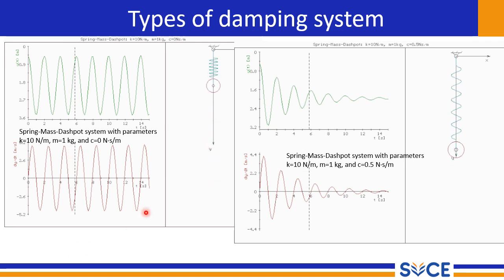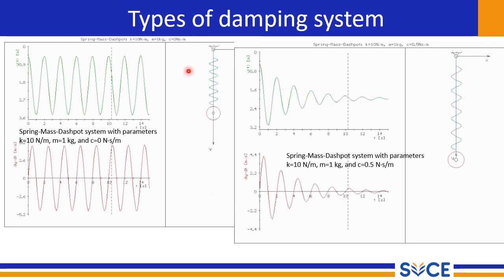In our first scenario, we have a spring-mass-dashpot system with parameters K equal to 10 newtons per meter, mass equal to 1 kg, and C equal to 0. Notice the displacement and velocity graphs. Since there is no damping, the mass oscillates back and forth indefinitely, maintaining its energy over a period of time.